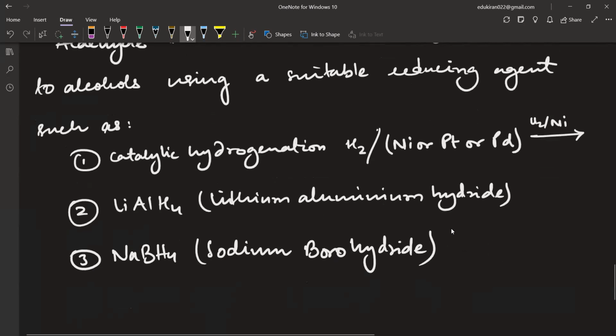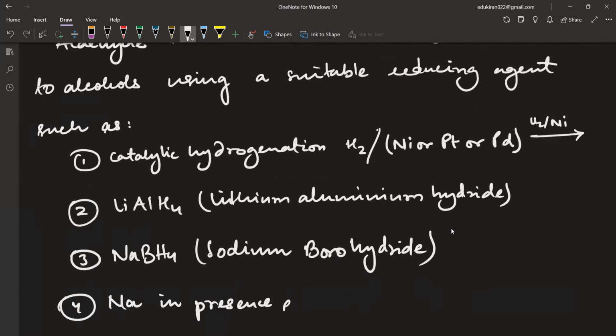Right, next. Fourth is sodium in presence of ethanol. It will be shown like this: above the arrow, you will show sodium in the presence of C2H5OH. If you have something like this, that means it is sodium in the presence of ethanol. Write this 4.